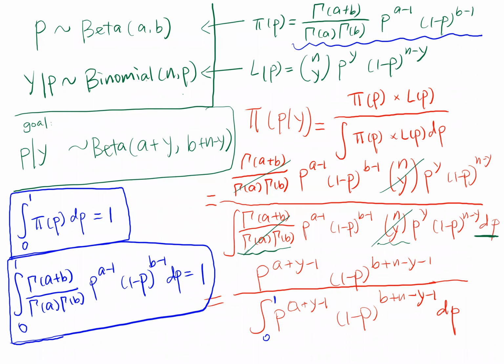So I'm using the prior as a demo of what we mean by a proper distribution that integrates to 1. Okay, so my hint for you: this is a constant, right? This is a constant. So if I now want to integrate over p with some powers of p and 1 minus p, I can immediately come to this conclusion.